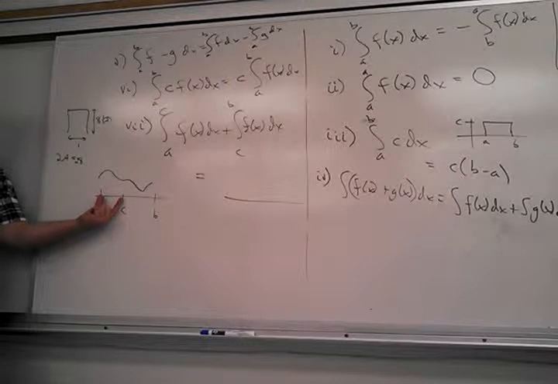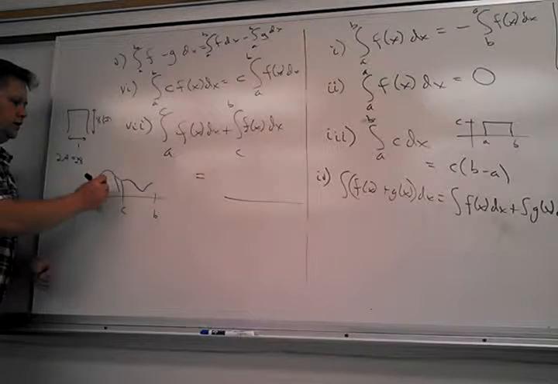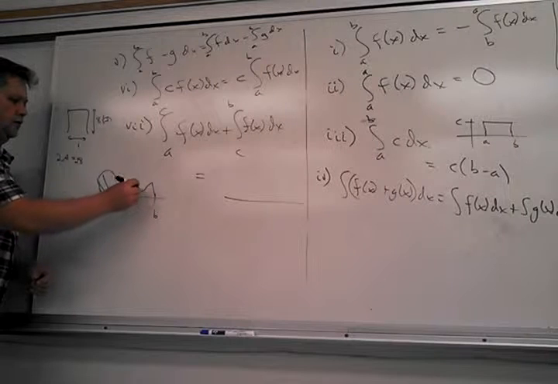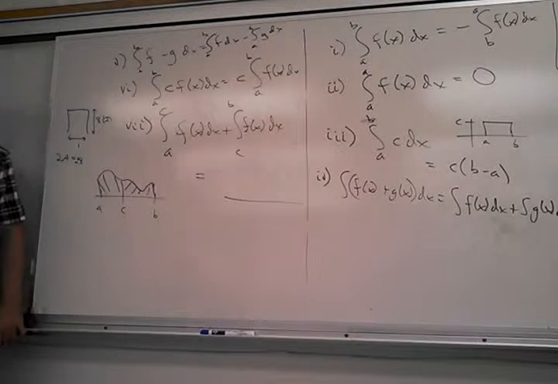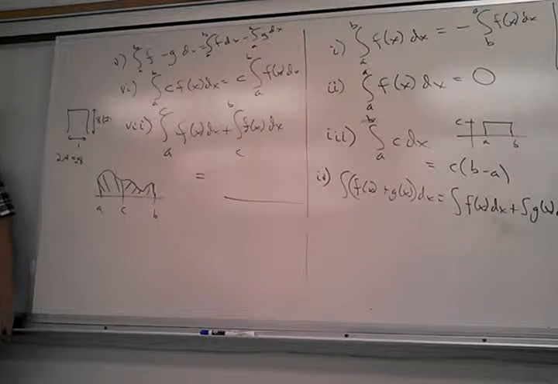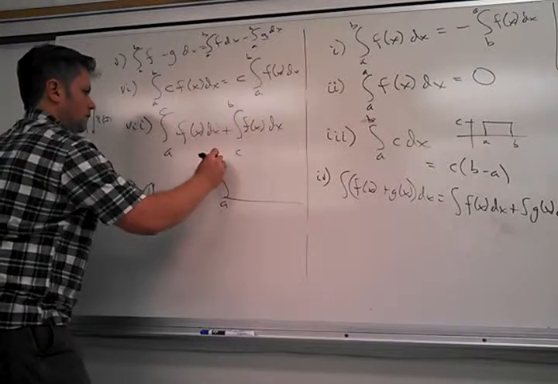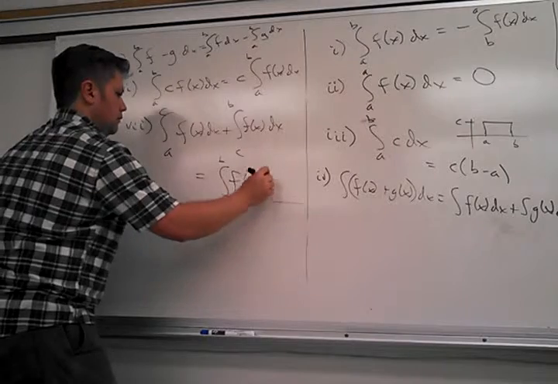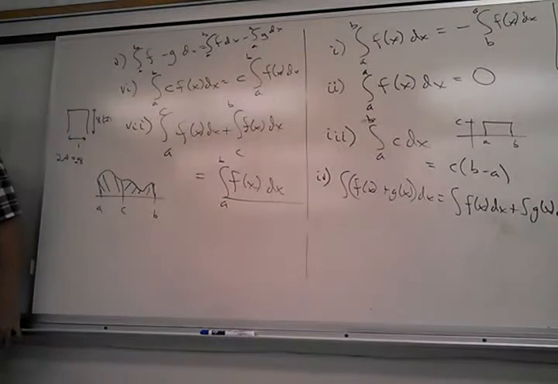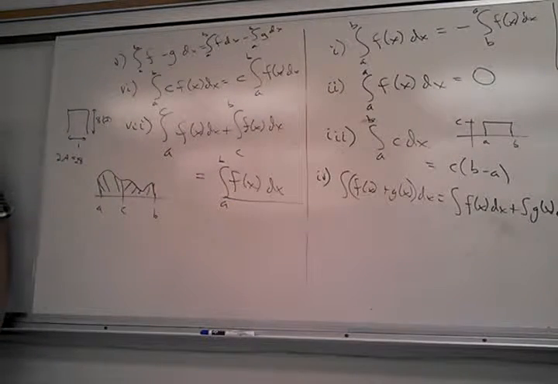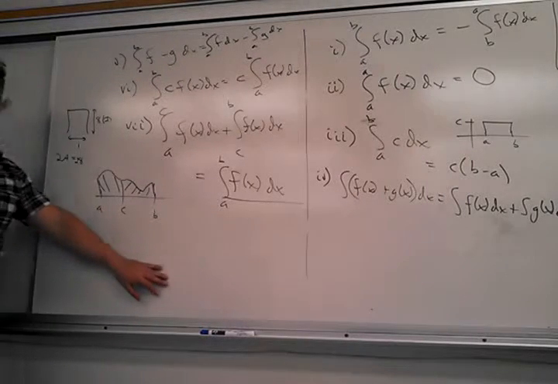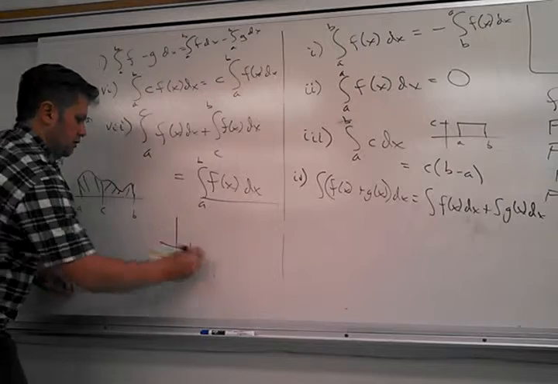The area from A to C added to the area from C to B is just better known as the area from A to B. It's almost too silly. So you can just put this as one integral. Seems very simple, but later in this semester we'll see. Right now we'll see why this is good to know.